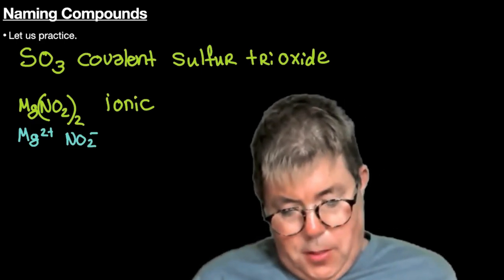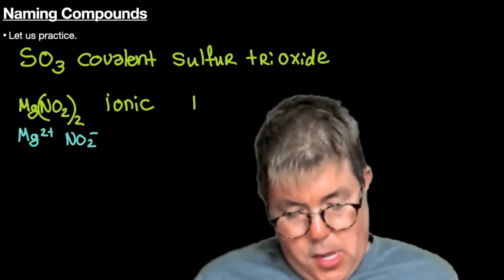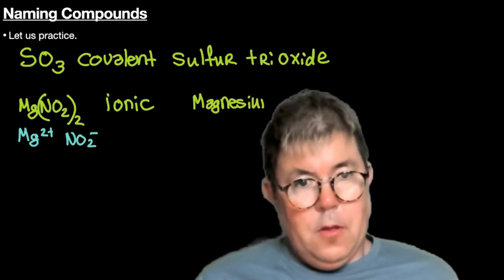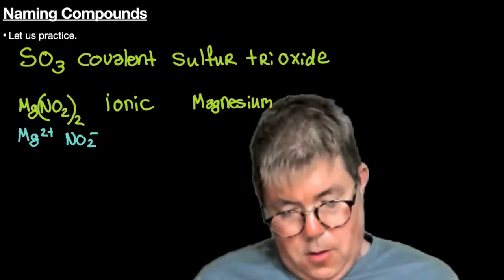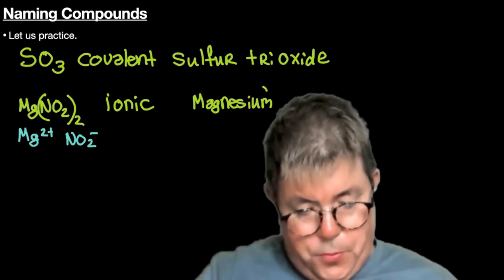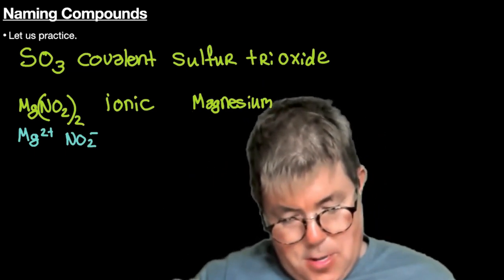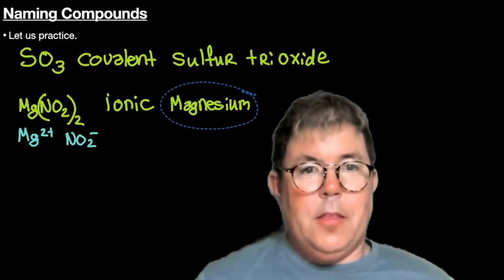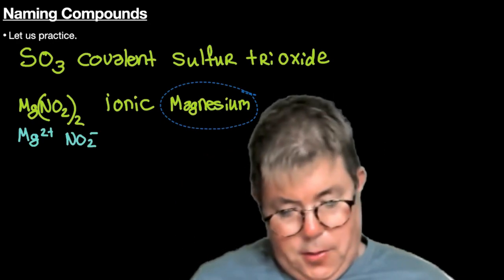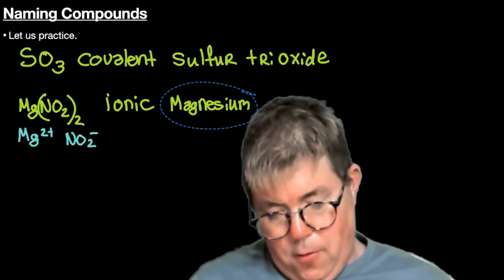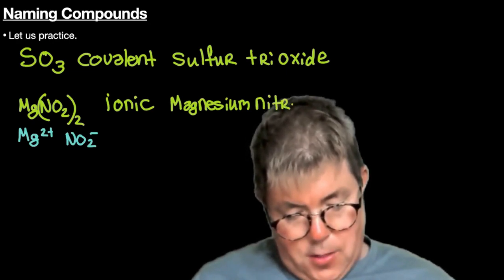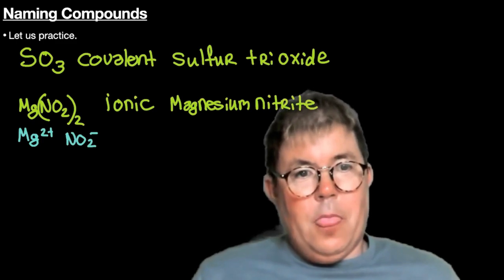So the first element is magnesium, and what is next? We're going to have nitrite. Make sense?